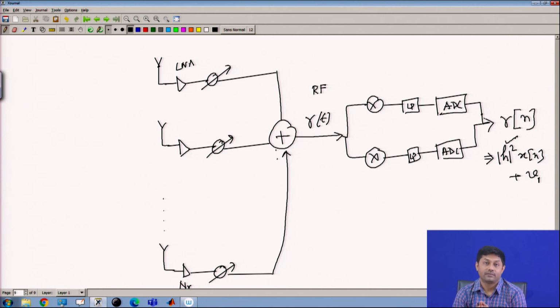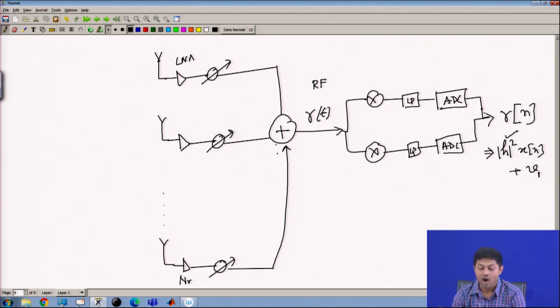But now you see, when I do this in the millimeter wave, look how many RF components I am having. NR number of phase shifters, NR number of LNAs, which are anyway there, but the demodulators, LPF, ADC, they are bulky circuits, I just have one. Provided my data stream is just one data stream, it is like a seesaw.